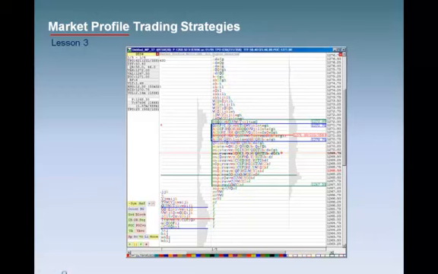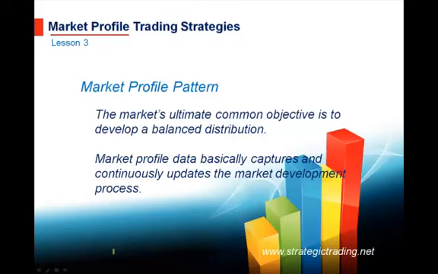So let's review again. The market's ultimate common objective is to develop a balanced distribution. Market profile data basically captures and continuously updates the market development process to show us this activity between balance and imbalance.